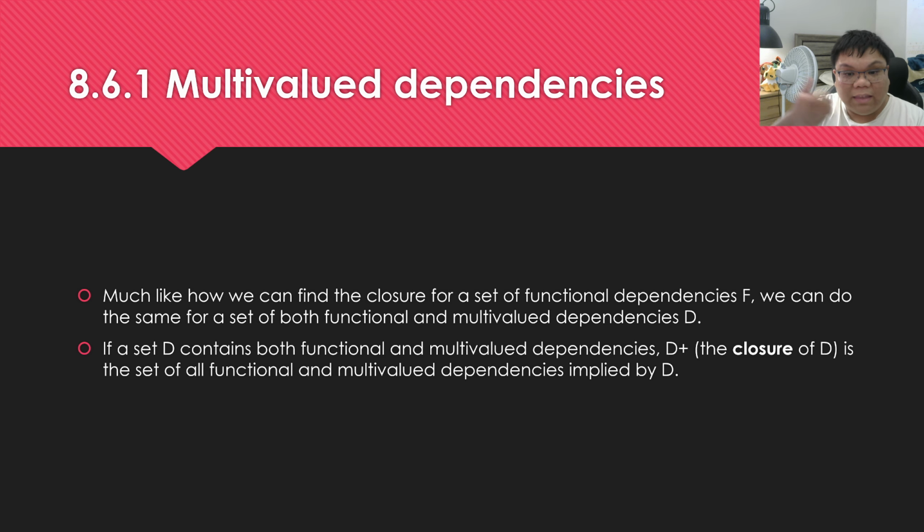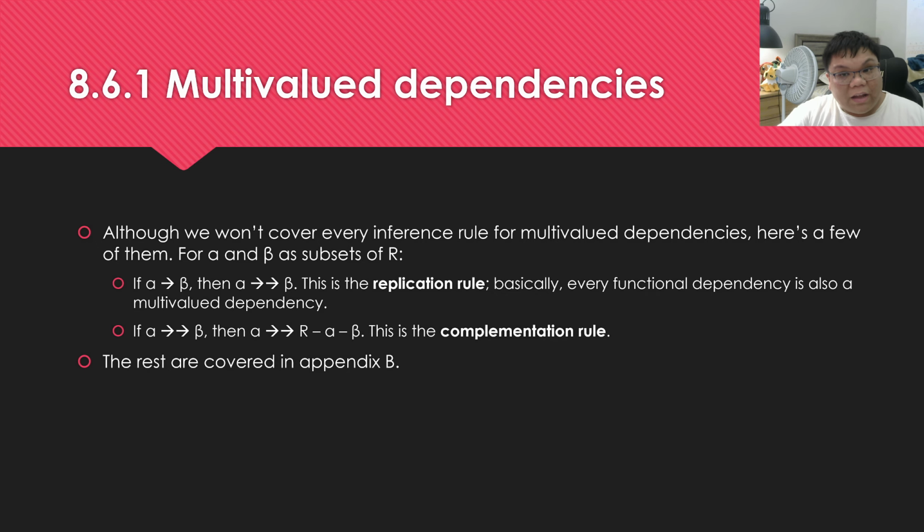We call the set D, and we call the closure of that set D plus. We're not going to go through all the rules of inference for multi-valued dependencies, but three of them are based on the three Armstrong's axioms. Those are the reflexivity rule, augmentation rule, and transitivity rule.